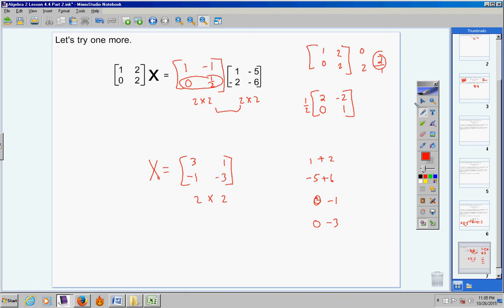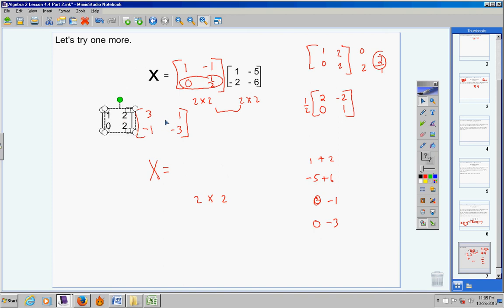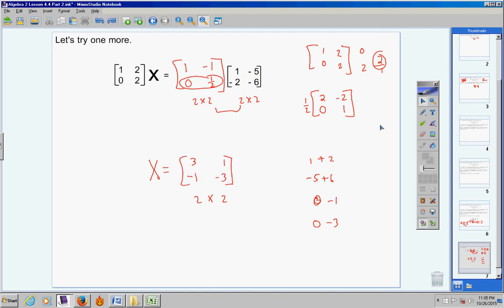So, Mr. Erhard, you're telling me if I take this matrix right here times x, which is this right here, I will get out this right here. That is exactly correct. That is exactly what I'm saying. Okay?